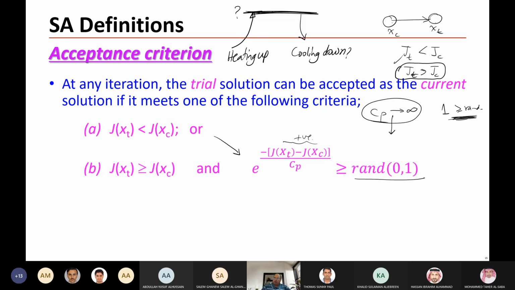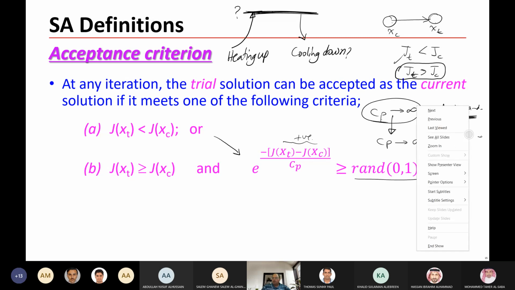But when we start cooling down and CB approaches 0, this becomes minus infinity, so this becomes 0. And 0 is not greater than a random number.